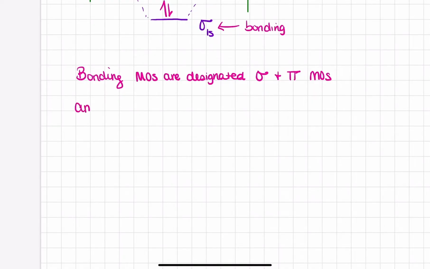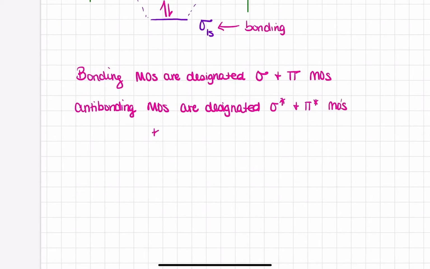Antibonding molecular orbitals are designated with sigma star and pi star molecular orbitals. The star tells me anti. And we do pronounce this sigma star and pi star.